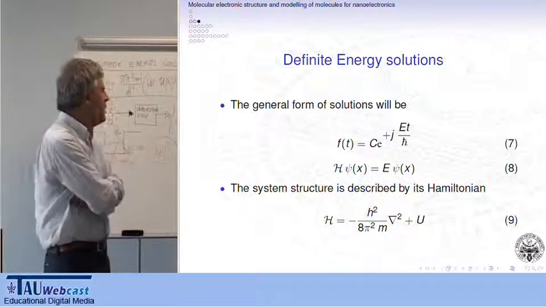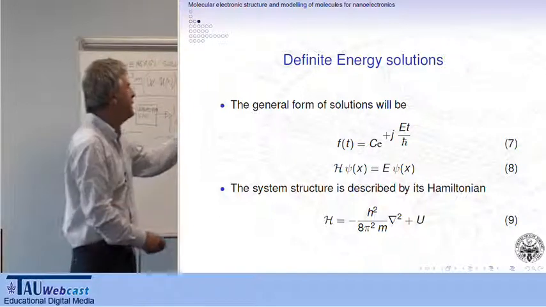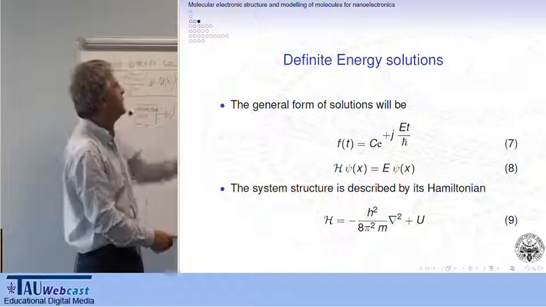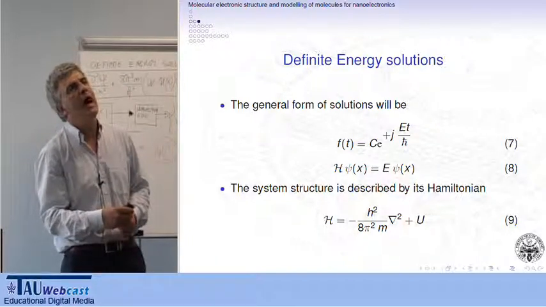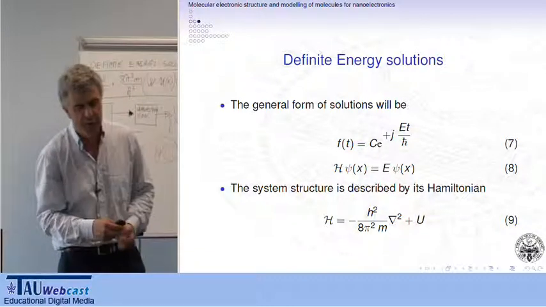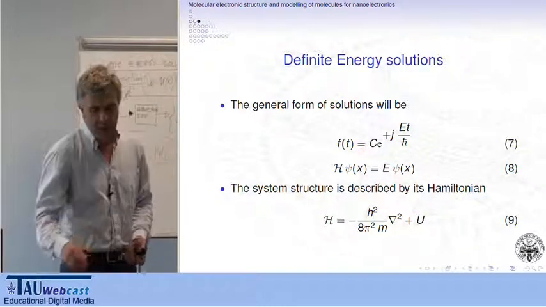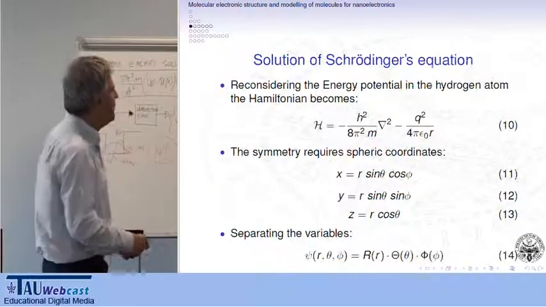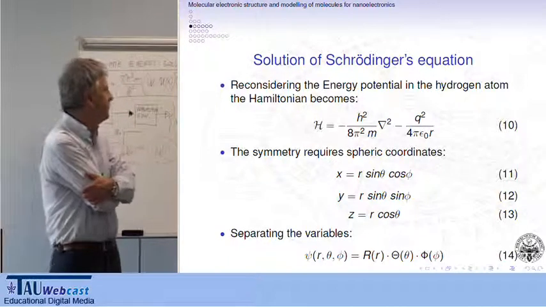So you have a Hamiltonian operator that describes completely the system. So in this case is that expression. If we consider a simple atom with one positive charge and one negative charge, we can replace the quantity U with the previous one. So the Hamiltonian for a simple atom is this one.